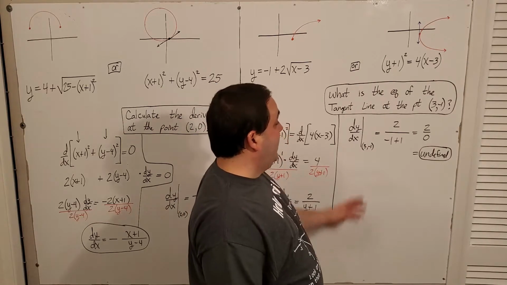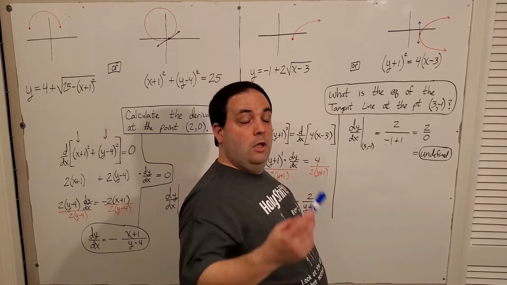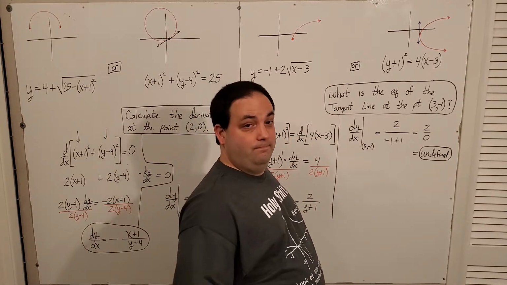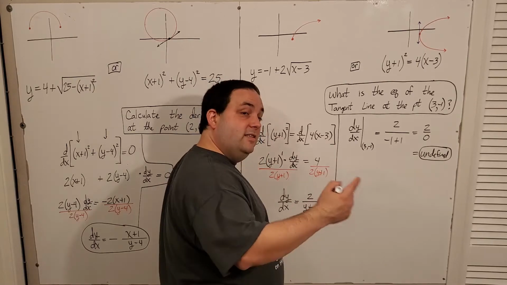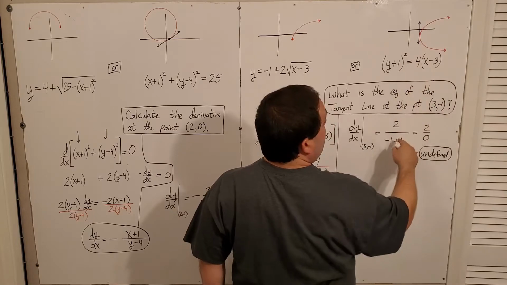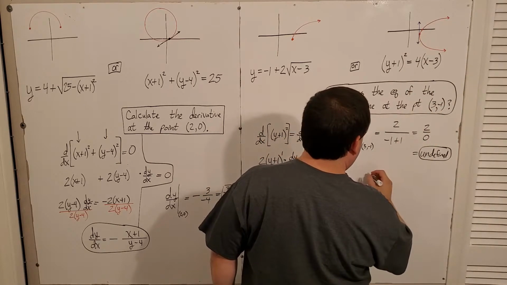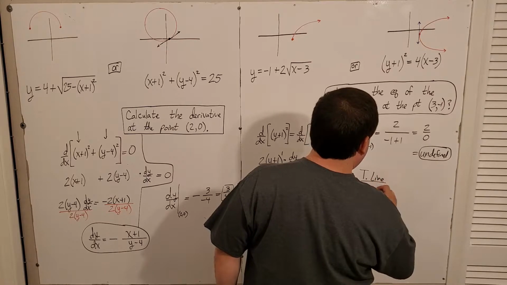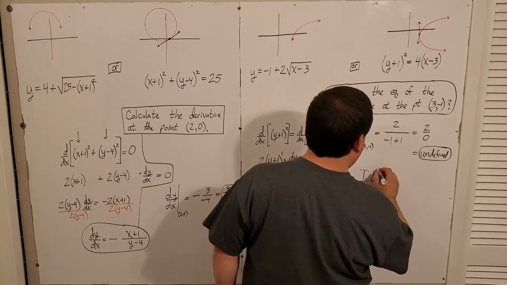Okay? So in this case, I can still answer the question, what is the equation of any vertical line? Right? That would be x equals some number, and I just need to know what x number it is, in this case 3. So my tangent line equation is x equals 3 here.